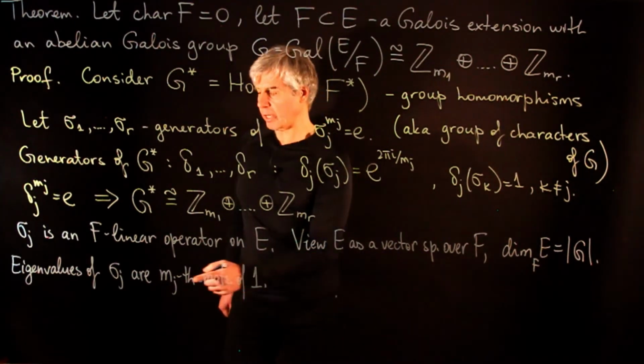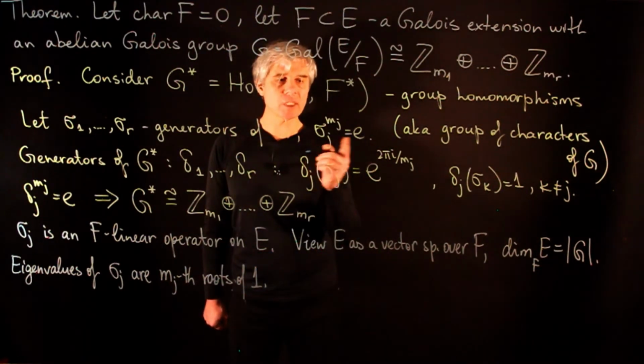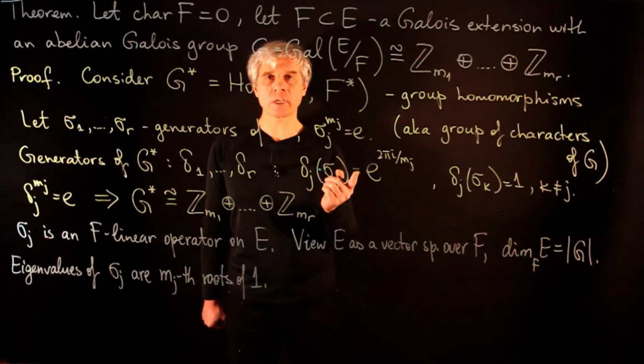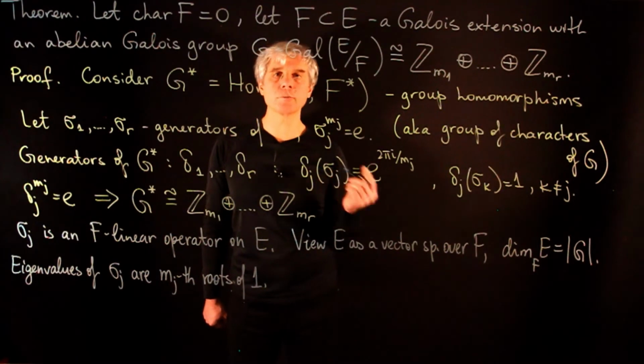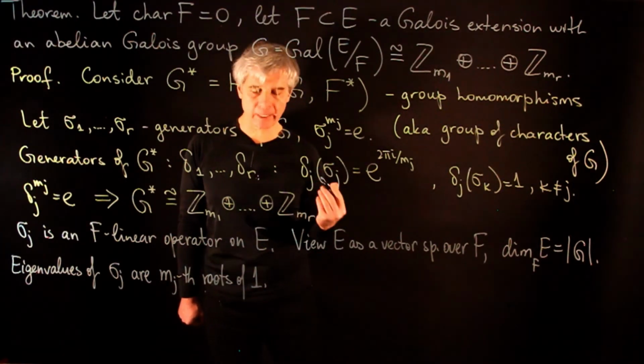This means that we can bring sigma j to the Jordan normal form, but because these operators have finite order, they cannot possibly have Jordan blocks, because Jordan blocks will never give elements of a finite order.